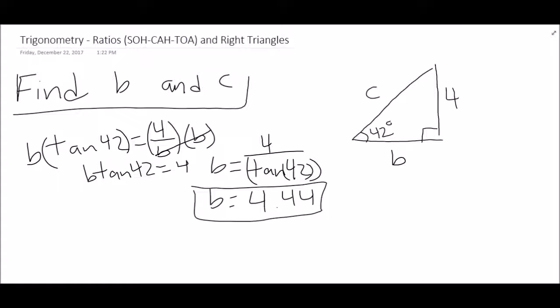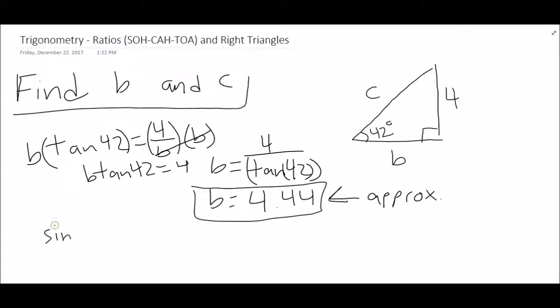Now we're going to do the second part. We're going to find C. I would definitely recommend using sine for this one instead of cosine. We do have B now, so we could use cosine if we wanted to, but I recommend sine, because this opposite side is more accurate, since B is an approximation. We rounded to the nearest hundredth. So now we're going to do sine 42.